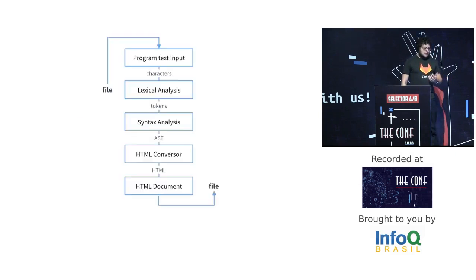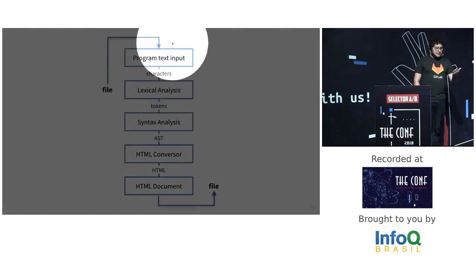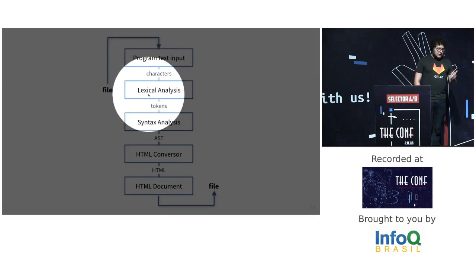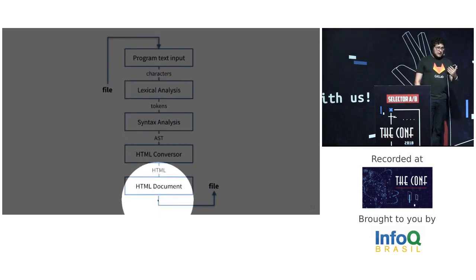Again, Kramdown can be mapped from this diagram to actual Ruby classes. So we have everything from reading the file, or actually you provide the content. It goes to a lexical analyzer, a syntax analyzer, then it's sent to an HTML converter, and we can have the HTML document at the end.